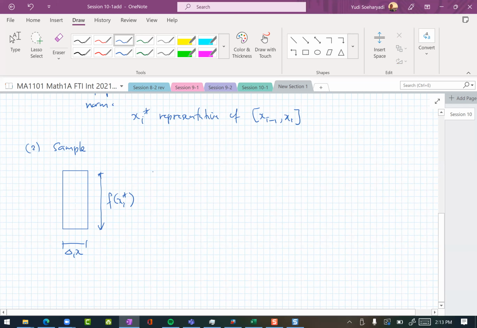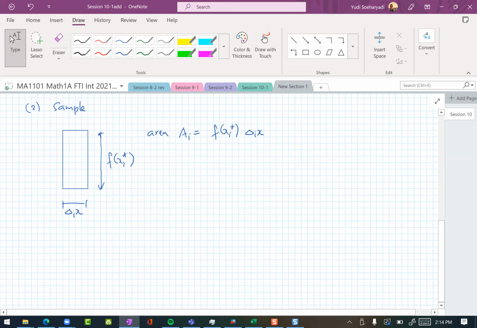So the area of this sample rectangle is the height times the width. As I mentioned and showed you in Maple, you can pick any representative. You can pick left-hand, right-hand, or even choose random points on that interval. Okay, so that's our sample.